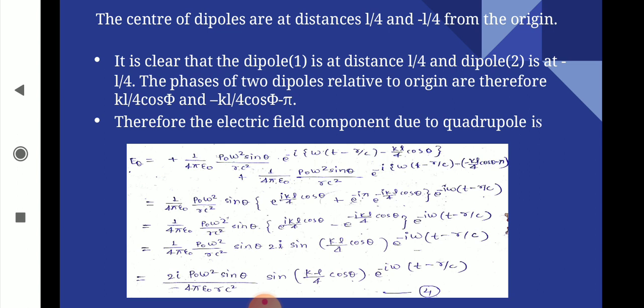The phases of two dipoles relative to origin are therefore k L by 4 cos phi and minus k L by 4 cos phi minus pi, where k is equal to omega by c, and minus pi is introduced because two dipoles are oscillating out of phase. In this way, the electric field component due to quadrupole we can obtain.